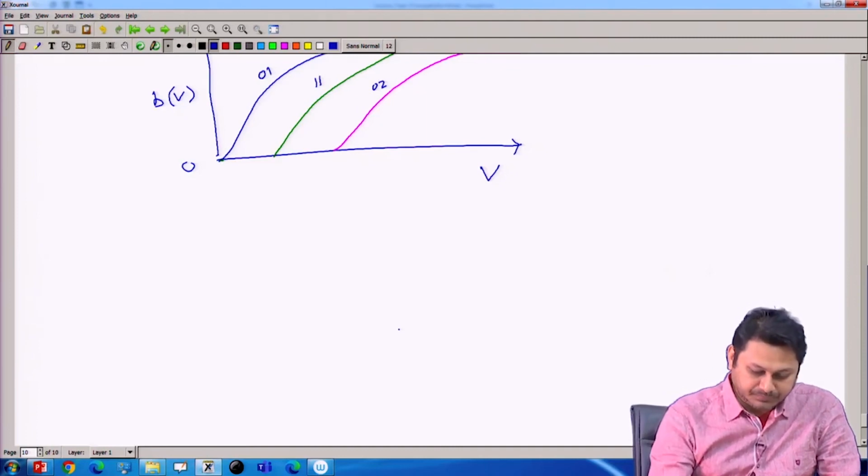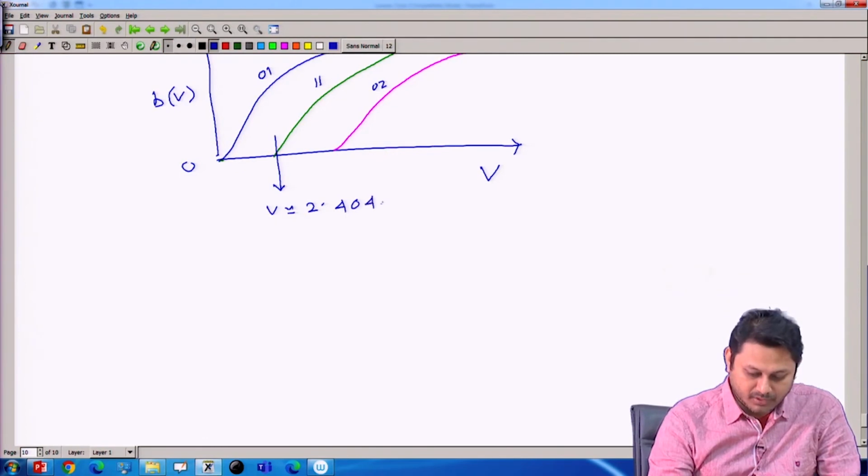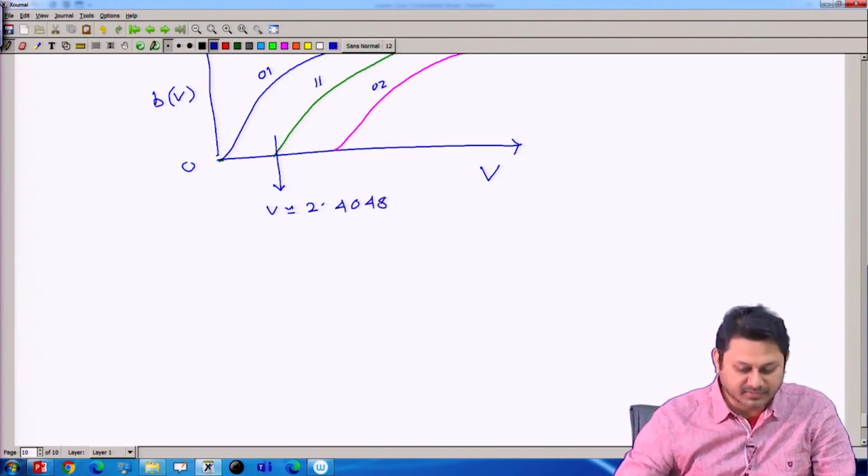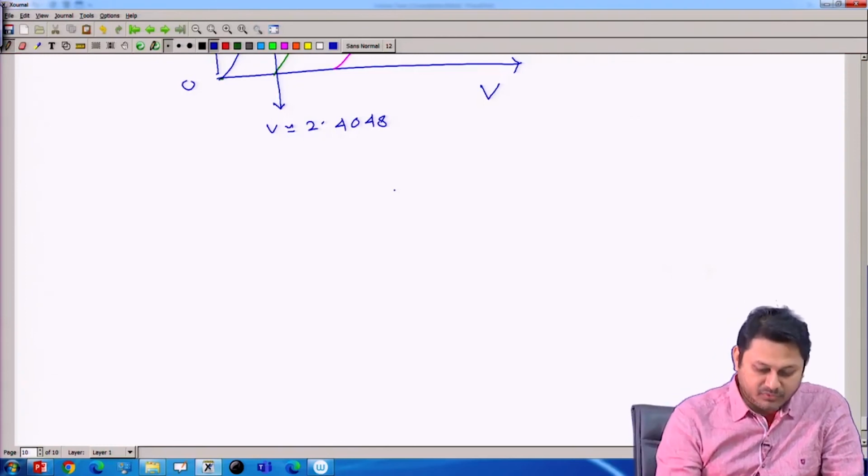This value is around 2.4048 if I calculate for step index fiber. So this is a very meaningful thing.